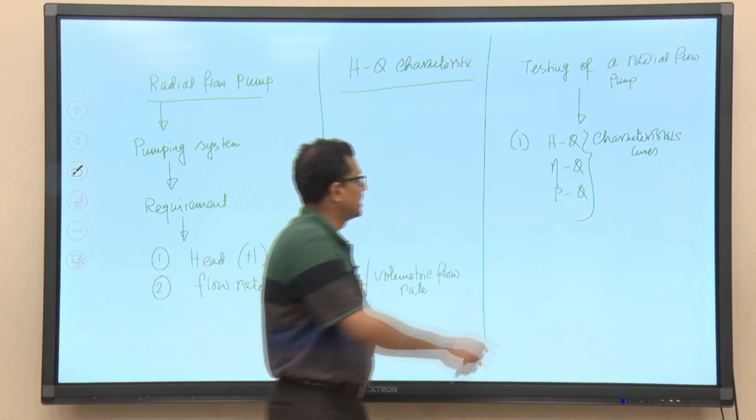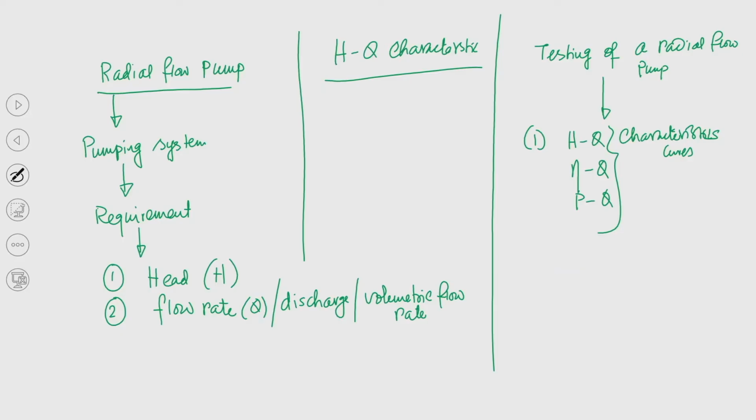We have discussed H-Q, eta-Q and P-Q. So, this is 3, power versus Q, 2 is efficiency versus Q, and 1 is head versus Q. I am not going to write it, that is very common, we have studied it by this time.